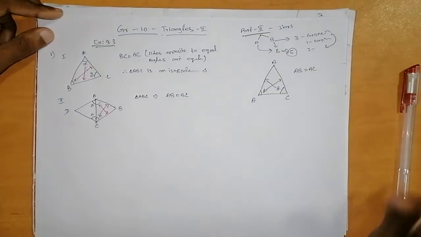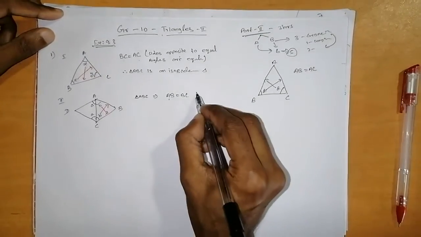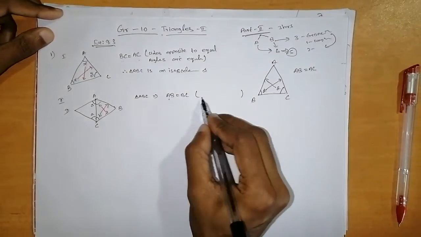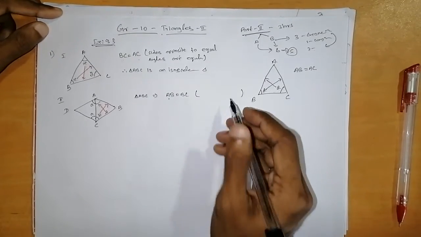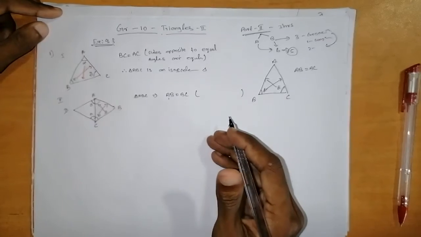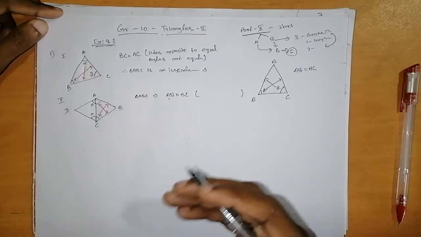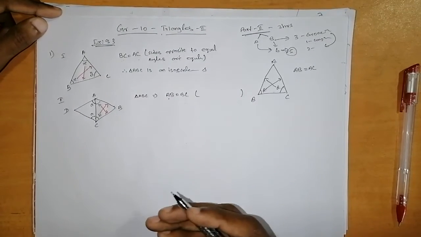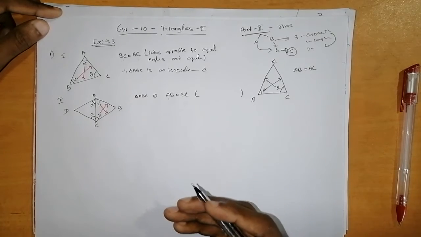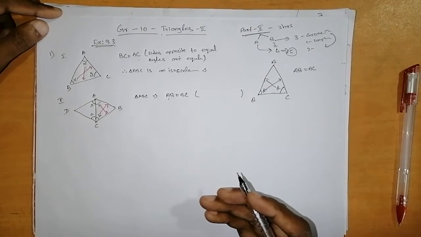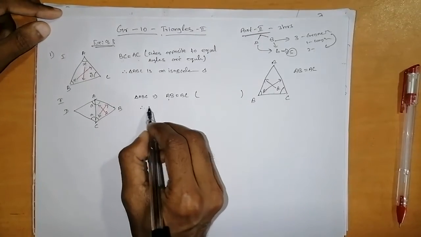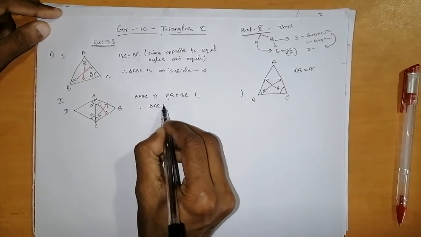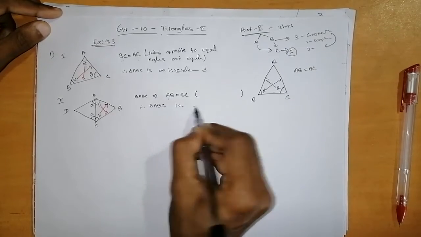So AB is equal to BC according to the theory. You have to write the full form: sides opposite to equal angles are equal. The purpose of writing this is so that we can easily memorize it and become familiar with these geometrical theories. Therefore triangle ABC is an isosceles triangle.